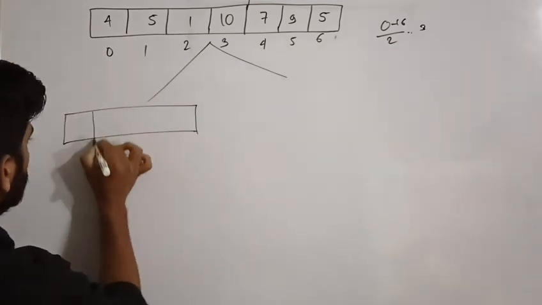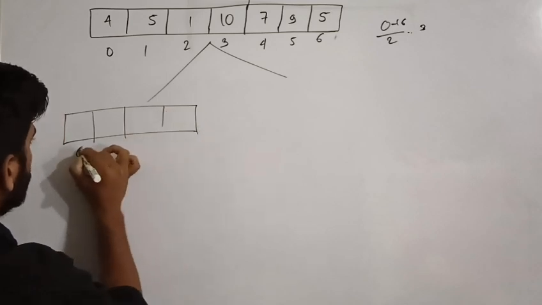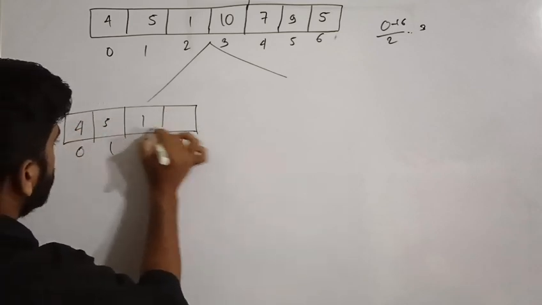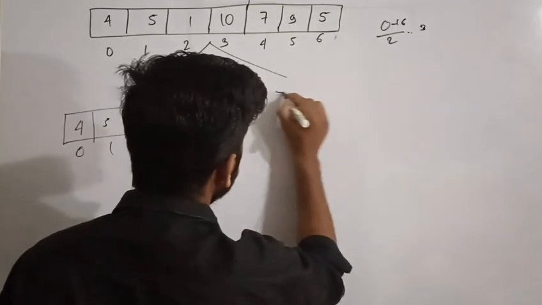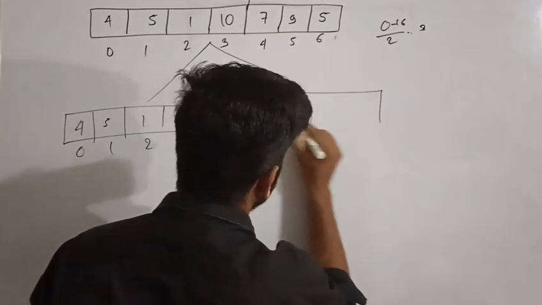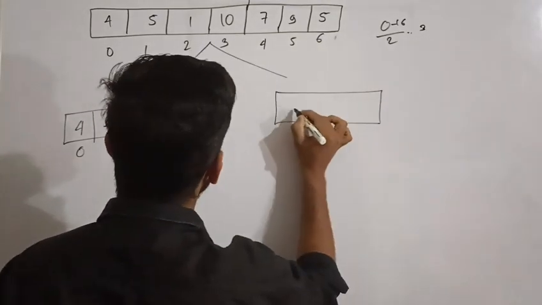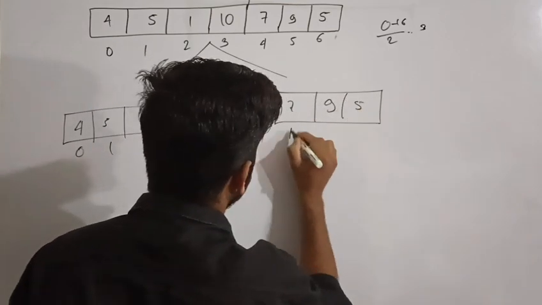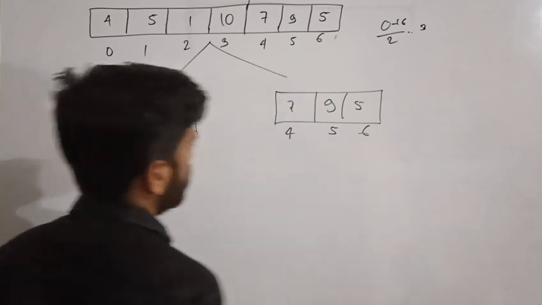This will be divided into two parts. It becomes indexes 0, 1, 2 and 3, 4, 5, 6, with values 1 and 10 on the left, and 7, 9 and 5 on the right.